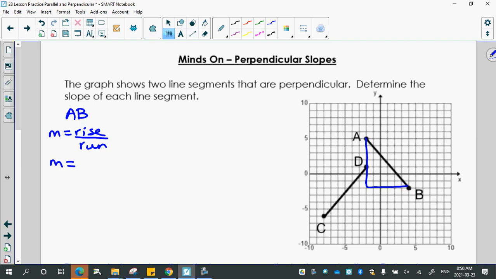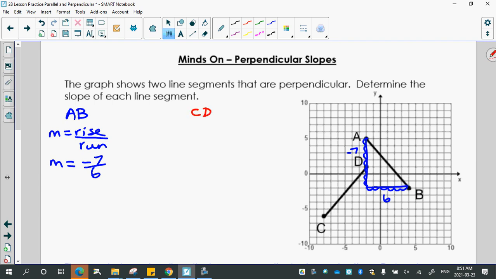So I can tell that AB is a negative slope. So my rise would be -7. And my run is 6. So that would be my slope. It doesn't reduce.